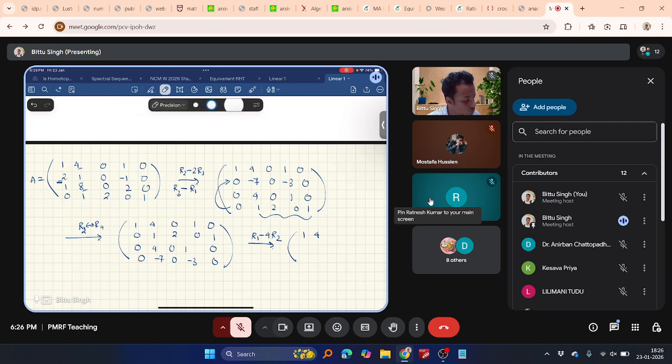It becomes 4 minus 4, so it is 0. The second row is fixed, we will not change the second row, 0 1 2 0 1. So what we have done is r1 minus 4 times r2. The next entries are 0, 0 minus 8, then 1 minus 0, 0 minus 4.